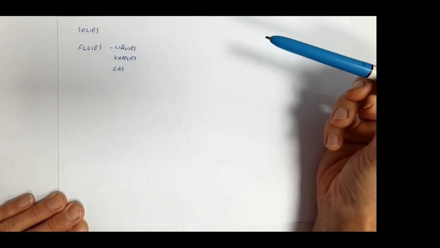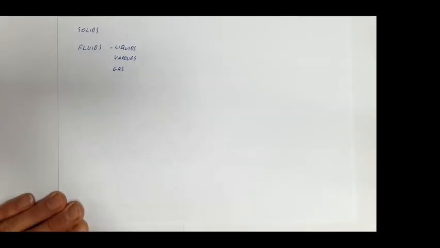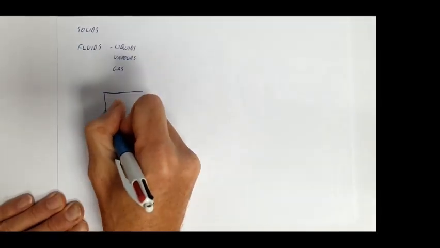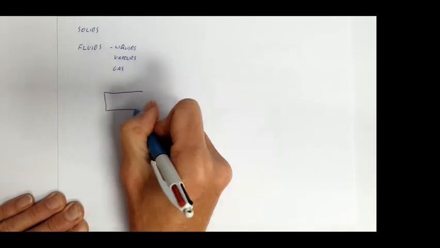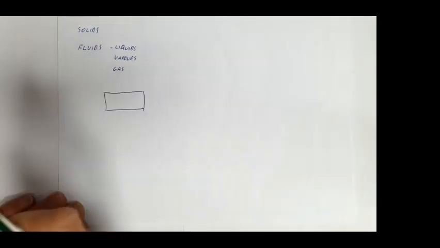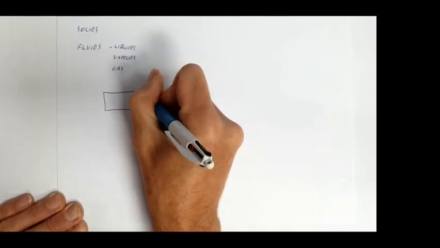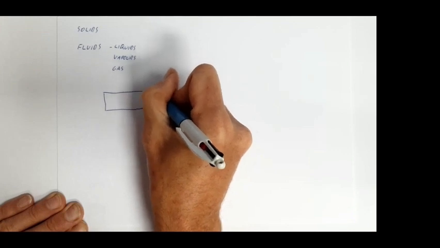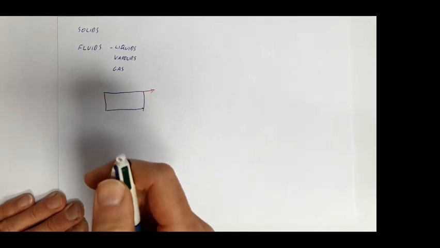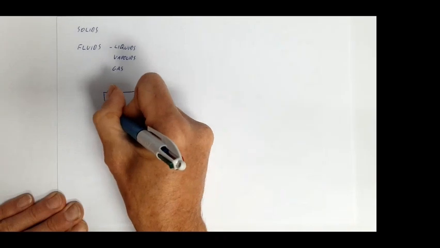Okay, so a solid material can resist deformation to an applied force. So if we had a solid and we were to apply a shearing force, so let's say we're going to apply a force in this direction. Now, deformed shape, we were shearing that. That deformed shape would look something like this.